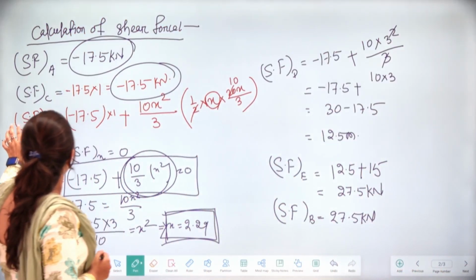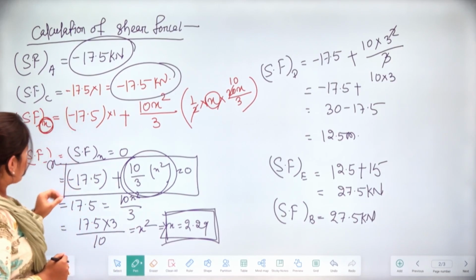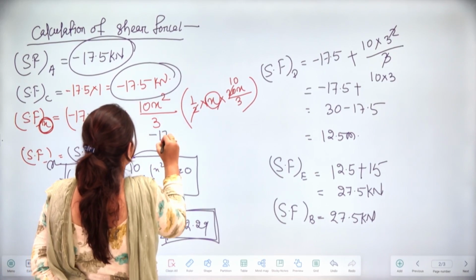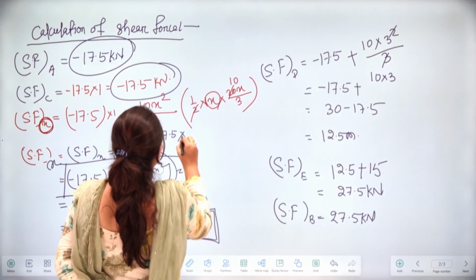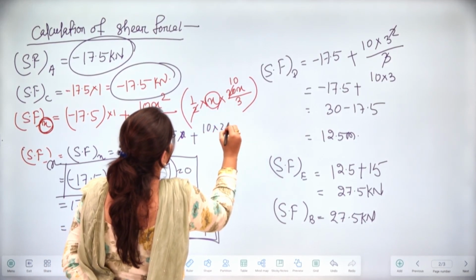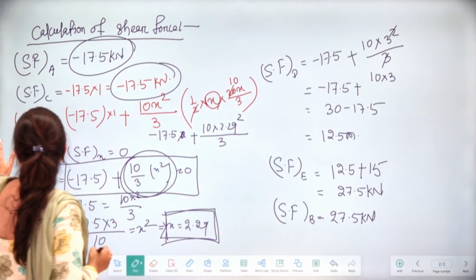Shear force at X is, oh, we have not found that value. Let's find it out here. That is minus 17.5 multiplied with 1, plus 10 into 2.29 square divided by 3.